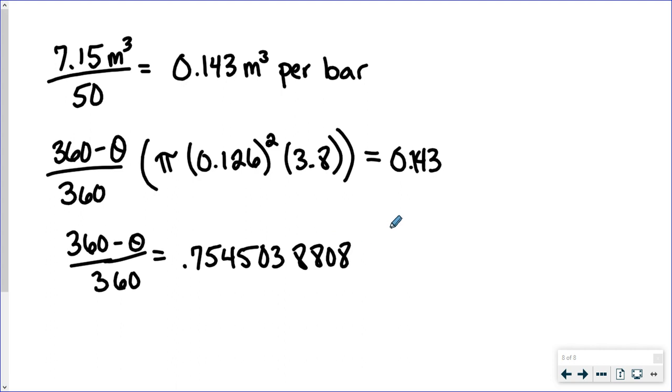Again, we don't want to round here. So now I'm going to multiply by 360 and then subtract 360.